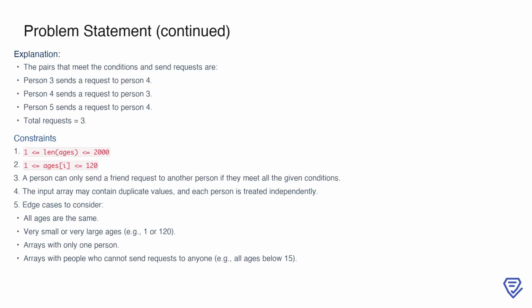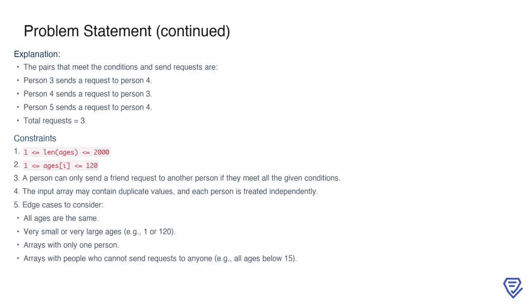Now, let's look at a more complex case with ages equals 20, 30, 100, 110, 120. Here, we have 5 individuals with a wide range of ages. The valid pairs are as follows. Person 3, aged 100, can send a request to person 4, aged 110, and vice versa. Additionally, person 5, aged 120, can send a friend request to person 4, aged 110.